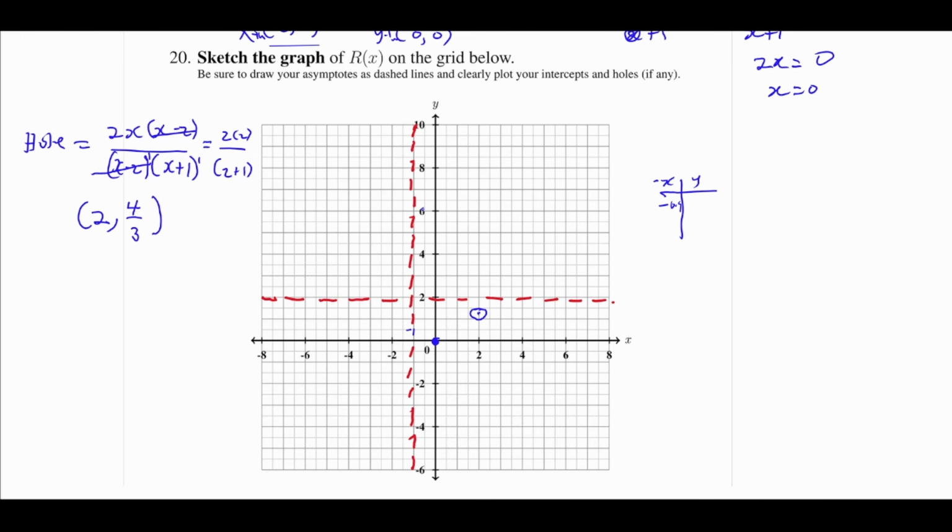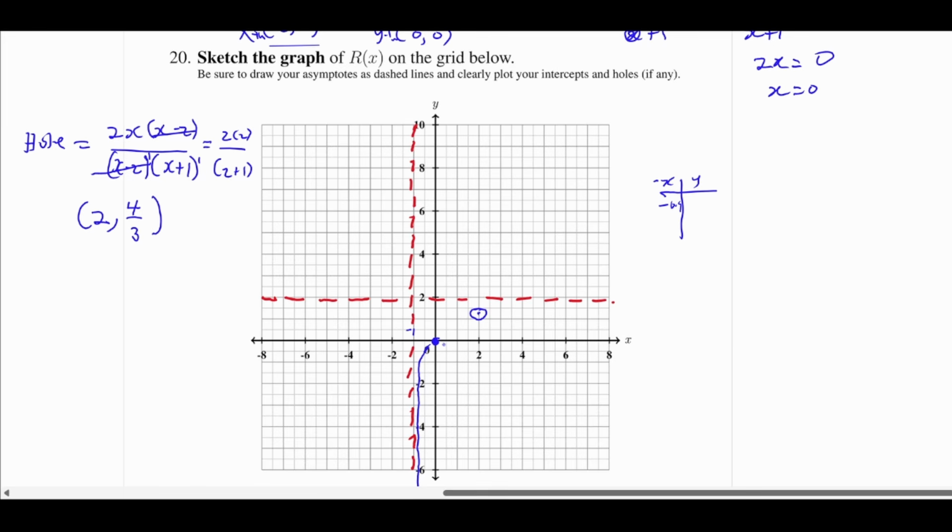I'm going to get a very large negative value, and that means that this graph lies just close to the negative side. Then I'll test a value also in the interval between 0 and 1 to see whether the graph will come down here or it will go up.